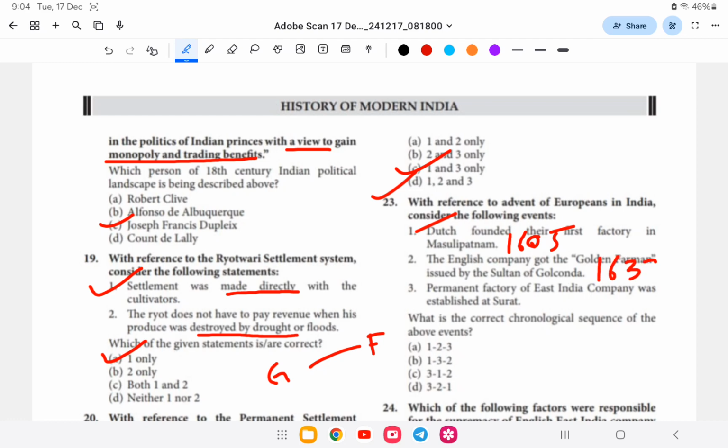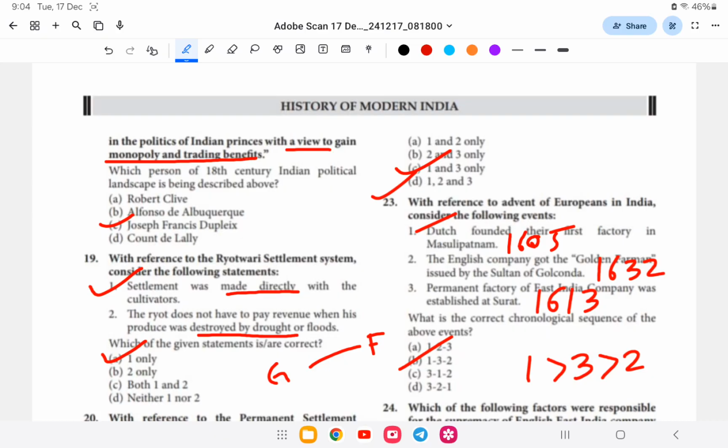Sorry, and the permanent factory was established in 1613. So first is 1, then 3, then 2. 1 3 2, option number B is the correct answer.